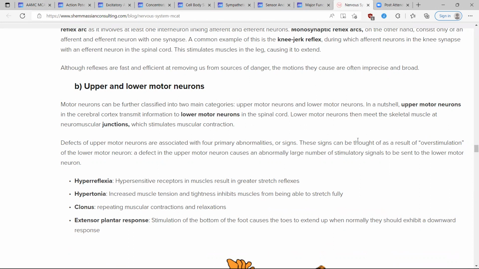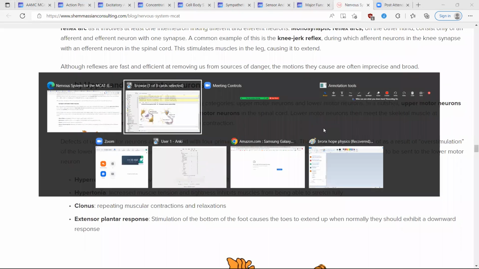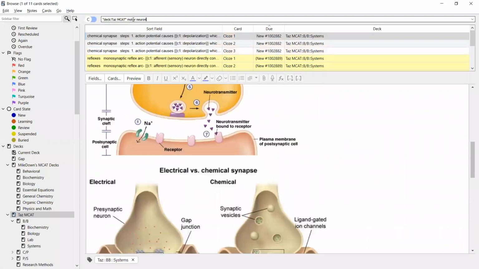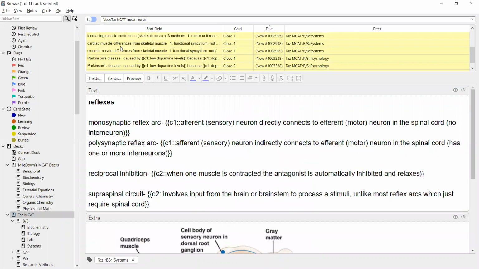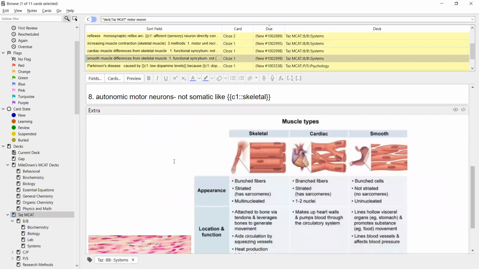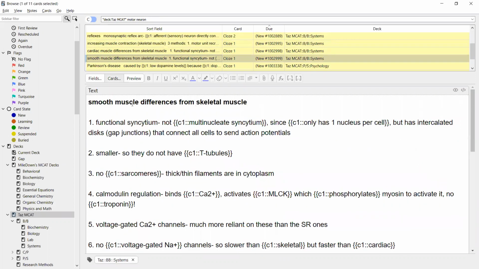So this is going to be more in depth when we talk about muscle contraction and the musculoskeletal system, because I kind of hinted at it, but we didn't go in depth into, what is it called?